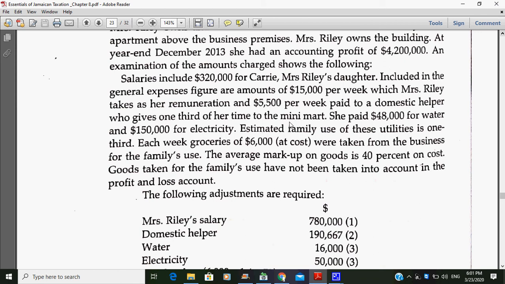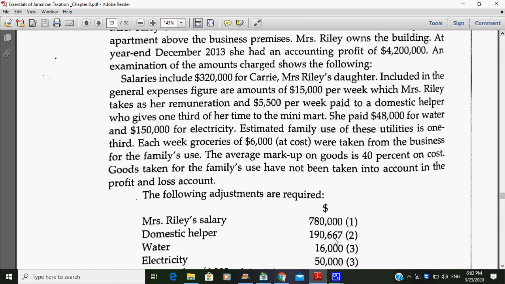But only one third of that belongs to the business, right? You find one third of that 286,000, and you subtract that figure from the 286,000, and that will give you $190,667. Then she paid 48,000 for water and 150,000 for electricity.